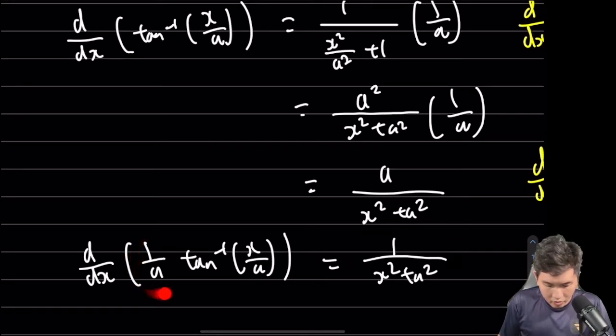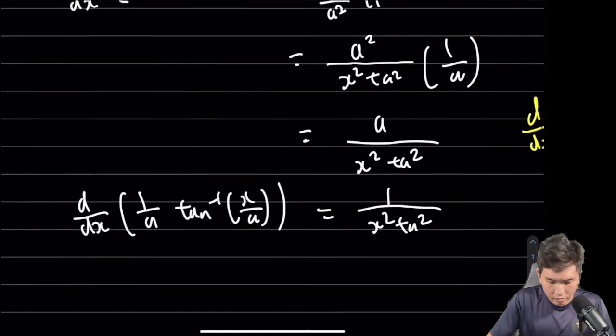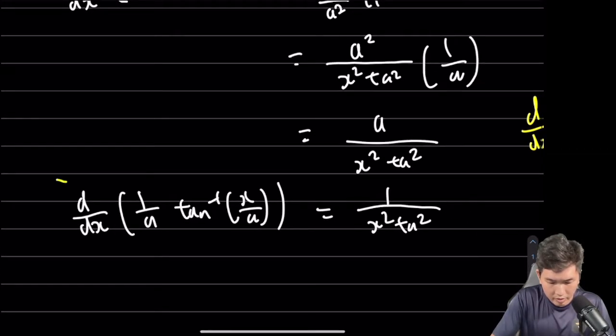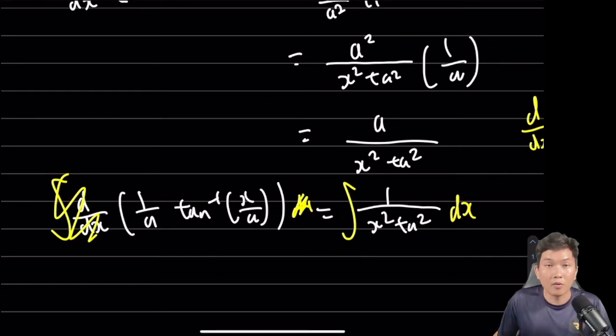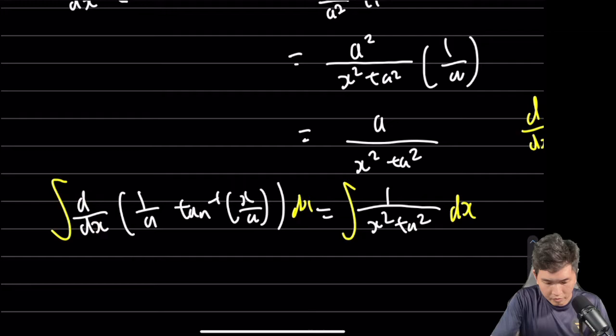And that gives us the 1 over a that we see. So d/dx of this equals this, which also means that if you integrate this, then it becomes this, and the integral sign actually cancels off with this, so you actually get what you see in the MF26. Okay, let me remove that because it looks really messy.